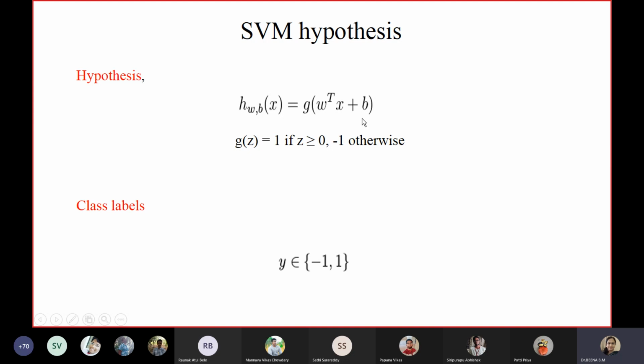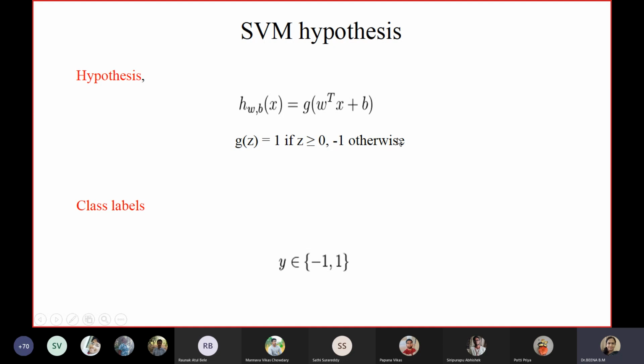So this is the hypothesis function: h subscript w,b of x is equal to g of w transpose x plus b, and here g of z is equal to 1 if z is greater than or equal to 0, or minus 1 otherwise.